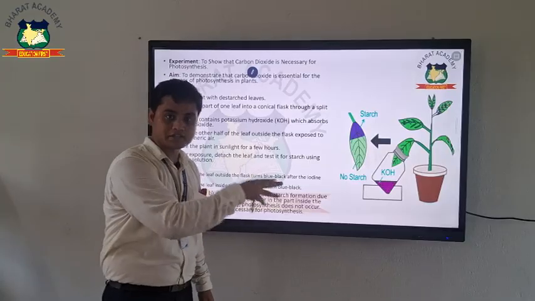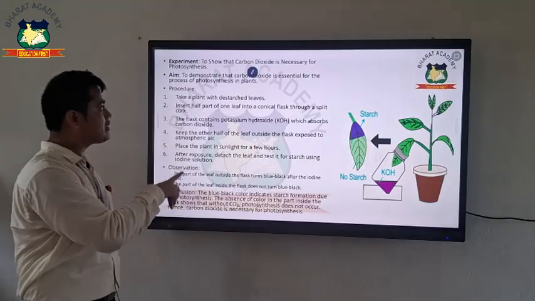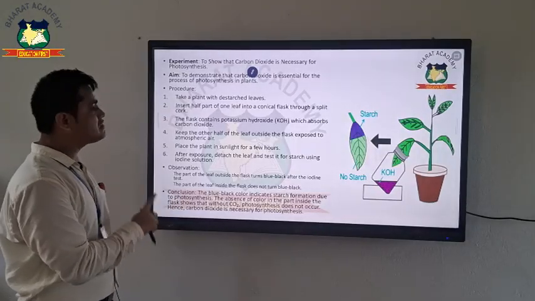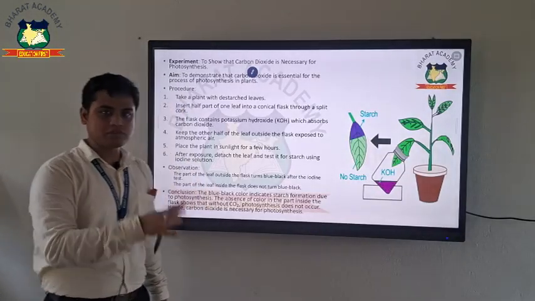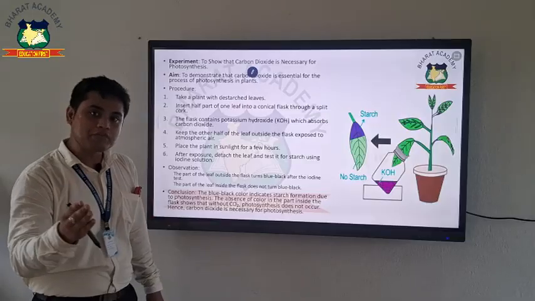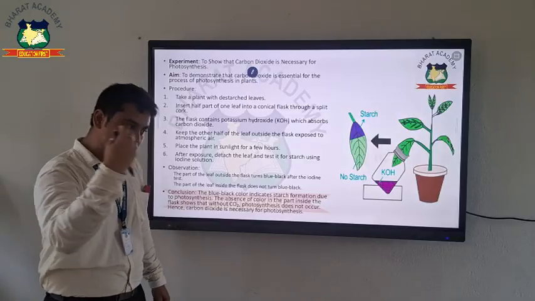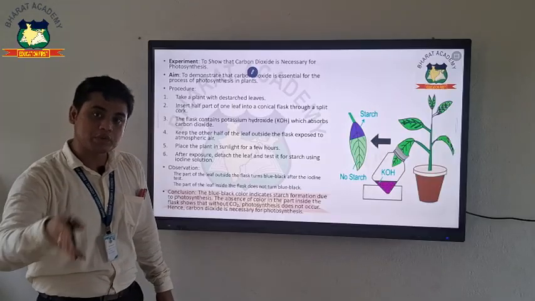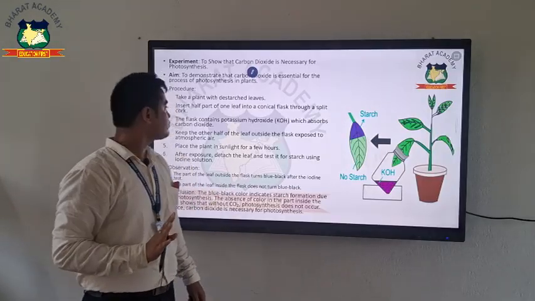Chlorophyll I have already discussed. What we need to do is take a plant with a destarched leaf. The purpose of the destarched leaf is the same. We let the plant utilize the previously formed starch so that we can conduct the experiment carefully.